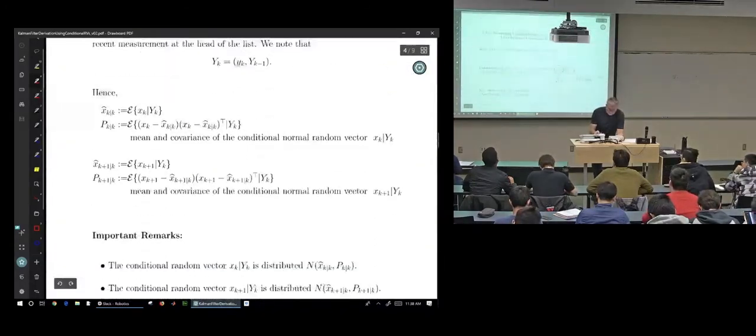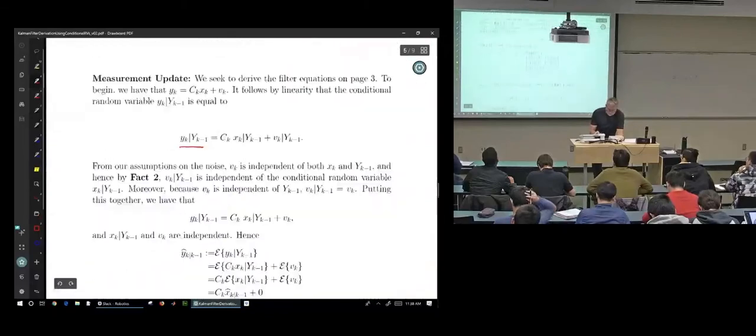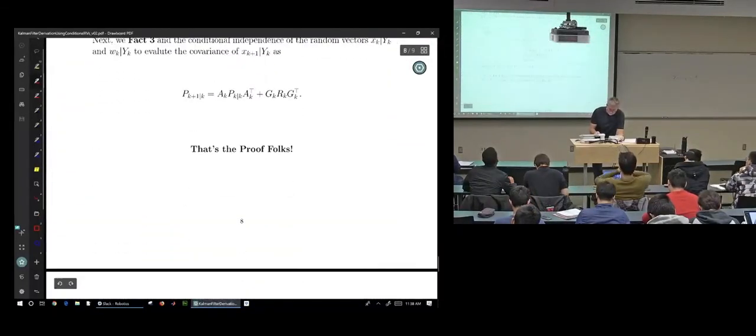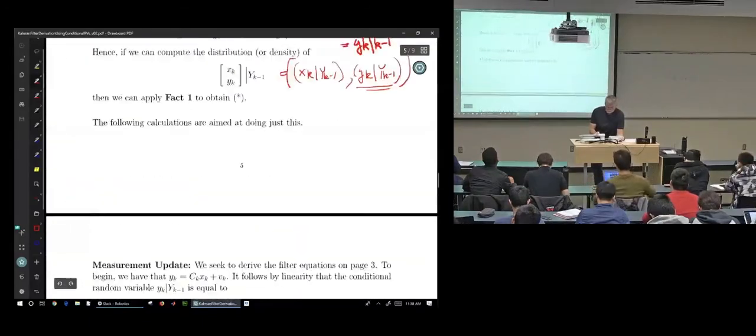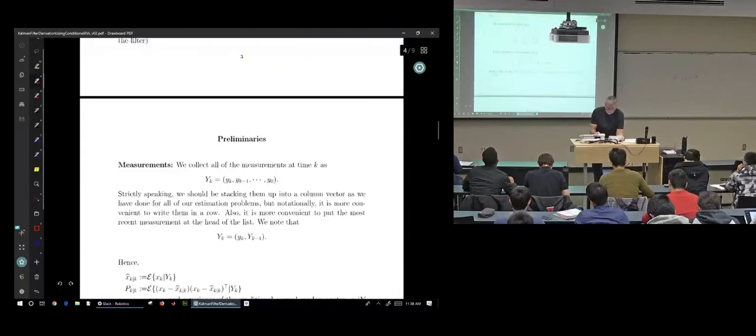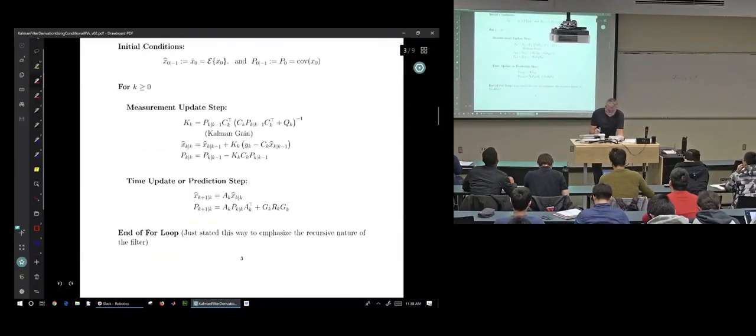Okay, so the Kalman filter. Where's the Kalman filter? Even I lost it. Key idea, filter derivation, preliminaries, there we go.